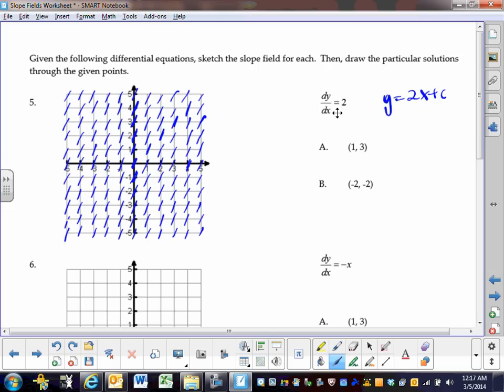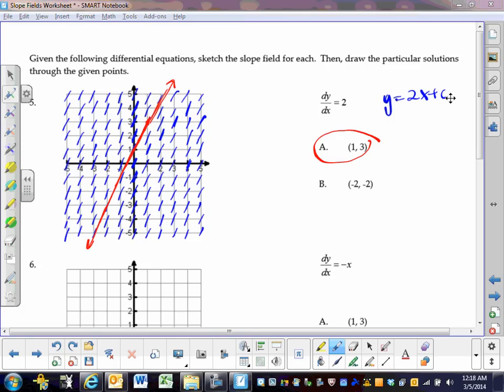So if our line passed through the point 1, 3, then our C value would have to be 1. If we pass through the point -2, -2, our C value would have to be 2.